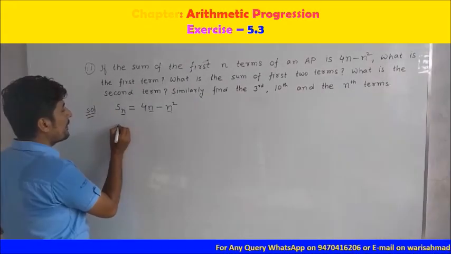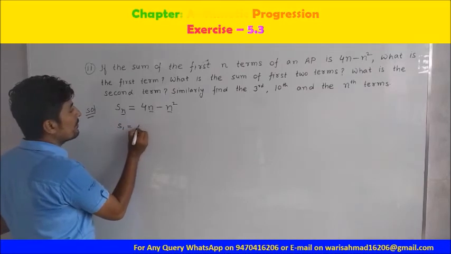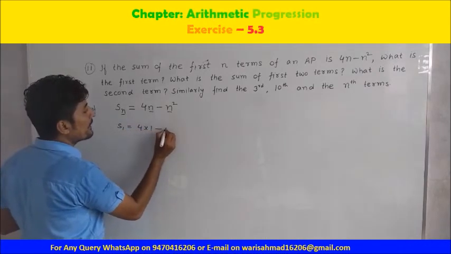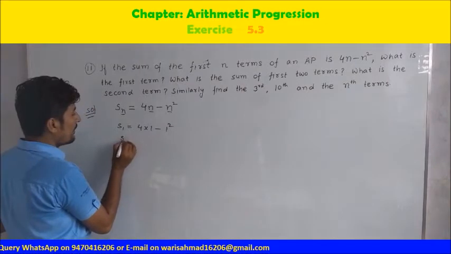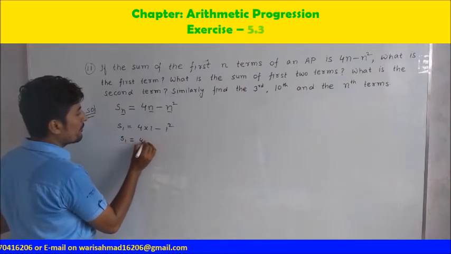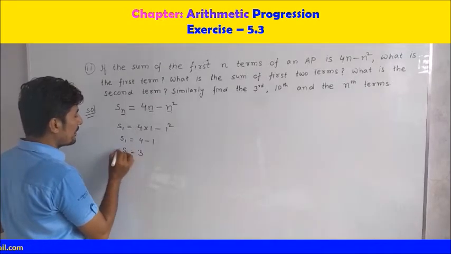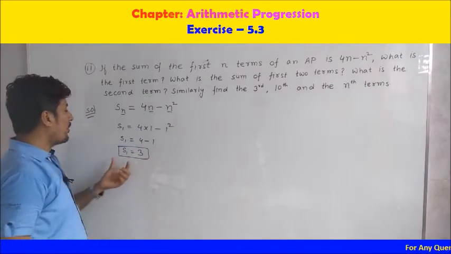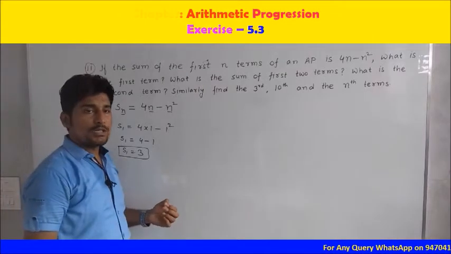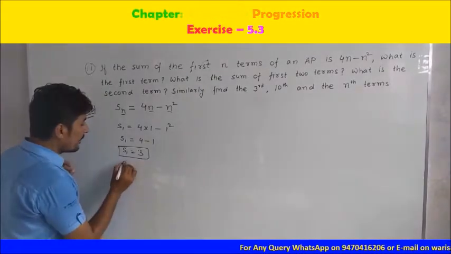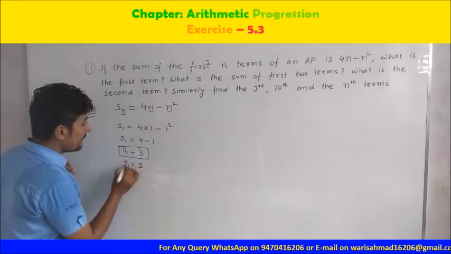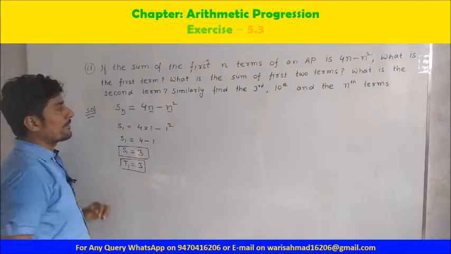So S1 equals 4 into 1 minus 1 square, or S1 equals 4 minus 1, so S1 equals 3. Hence we can say that the first term of the AP is 3.